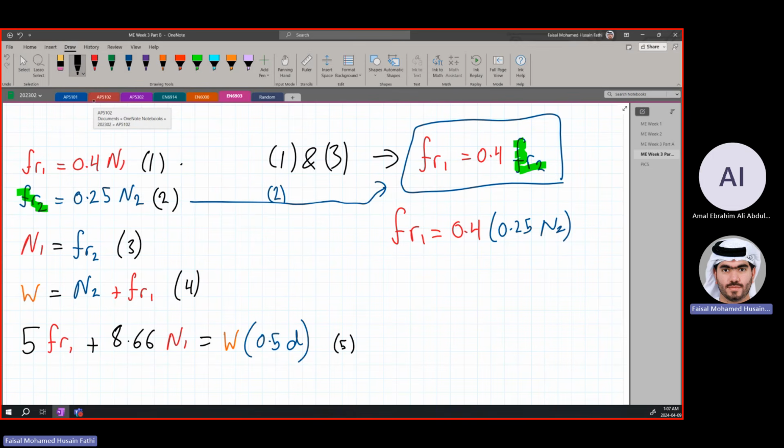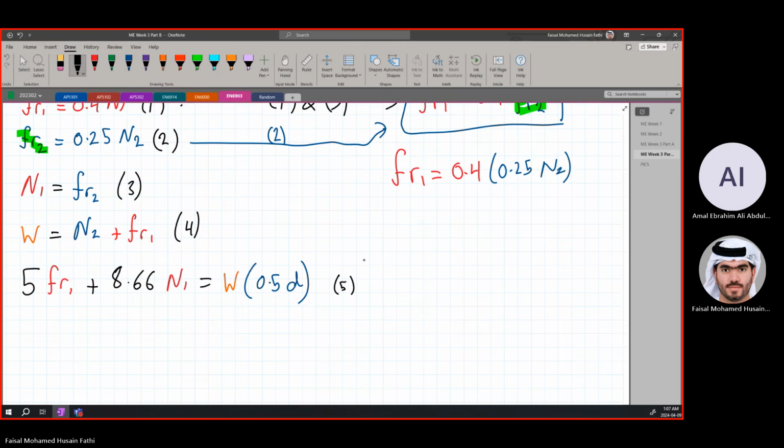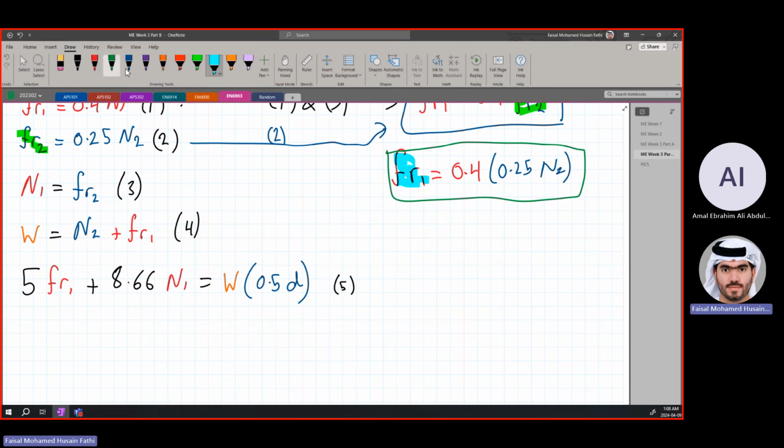Now in equation 4, we can plug in this equation as well. So we're going to take this equation, let me put it in green, this equation. We're going to plug in the FR1 into equation 4, into this FR1 over here. Then we're going to simplify it.